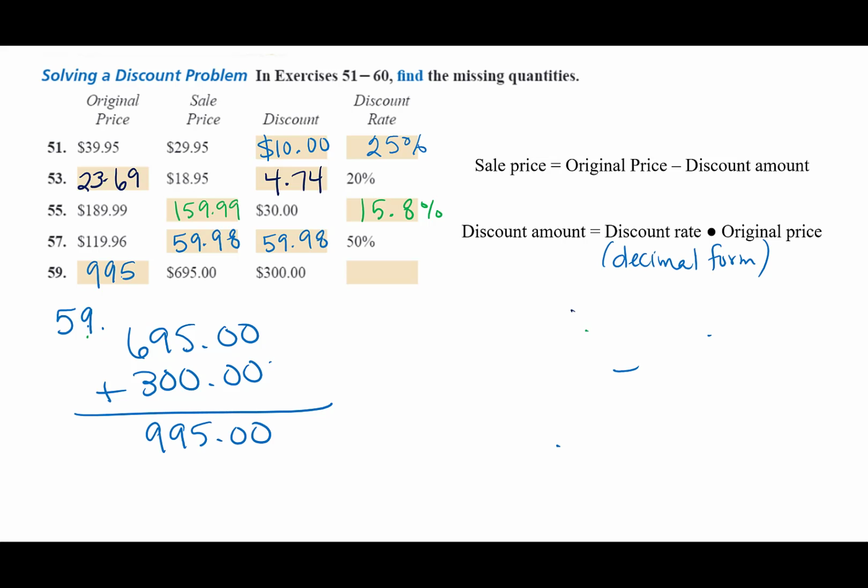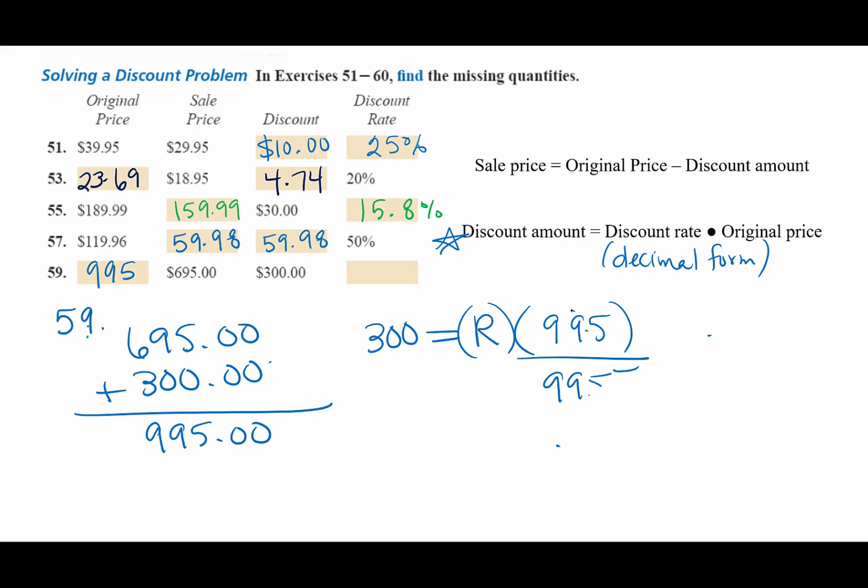And now we're left to find that discount rate again, which we've done 2 times previous on this slide. The discount amount is 300 equals the discount rate, which is what's missing, so we'll put that as a capital R, times the original price we just found, $995.